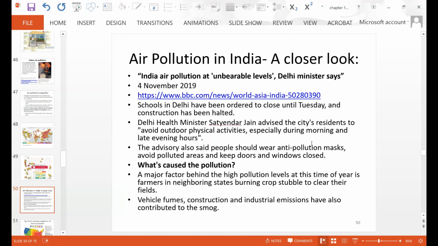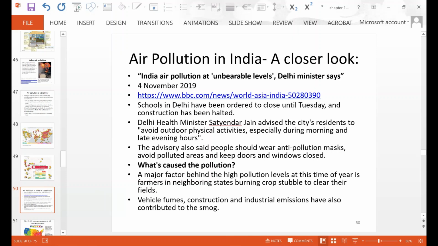So they had a significant air pollution problem. And that is just about the same time of year, right? November 4th, 2019.